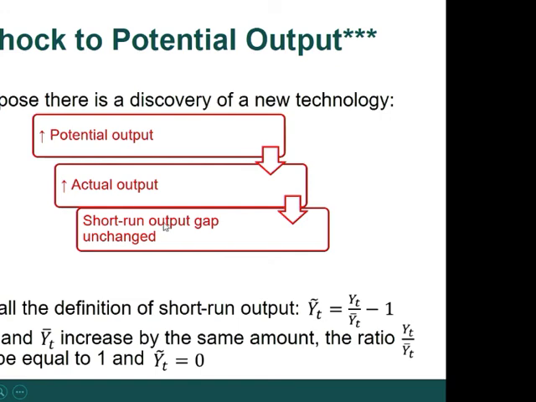Nothing is actually changing because potential GDP is going up with technology, but actual GDP too, so the fraction remains exactly the same as before. Nothing changes. Just a little bit of a tricky one.